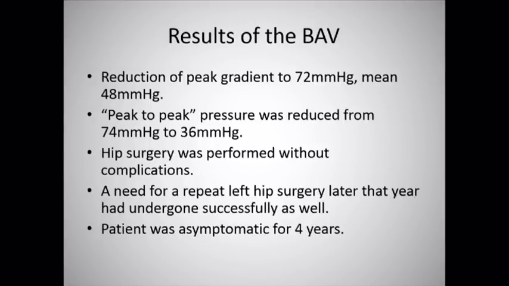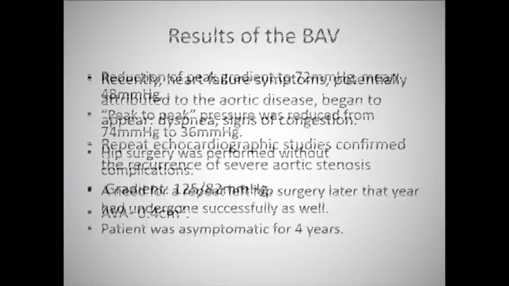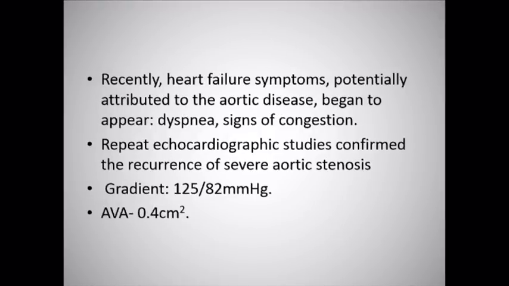The patient remained asymptomatic for 4 years until recently she started to suffer from recurrence of symptoms. She was dyspneic. There were signs of congestion. And we performed a repeat echocardiographic study to establish the recurrence of the severe aortic stenosis.